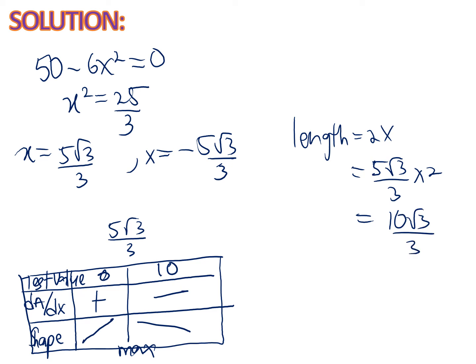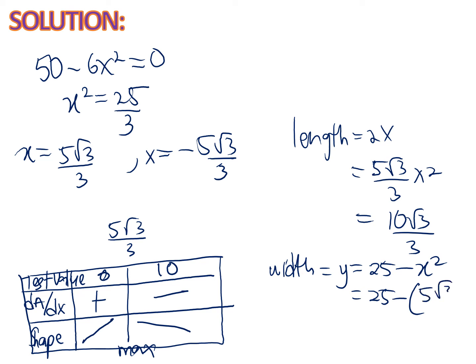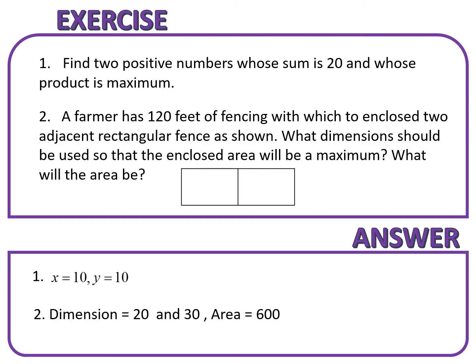So this is the length, while the width is y, which equals 25 minus x squared. So 25 minus (5 root 3 over 3) squared, we will have 50 over 3. So this is our length and this is our width. Please try this exercise and refer to the answer.